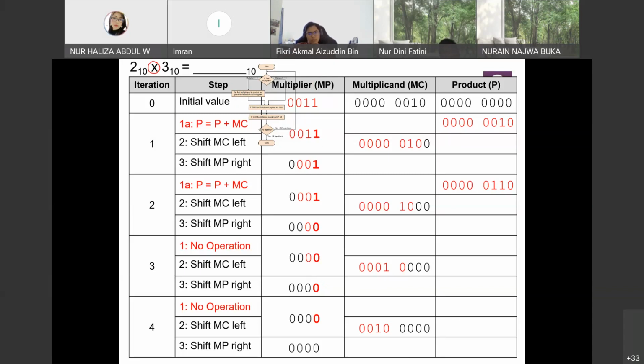But sometimes when you have a negative number, what happens? It's going to be quite complicated because you need to change the negative number first. Then you will find a lot of 1, 1, 1, 1 there. Your addition also will be much more complicated because let's say you have 1, 1, 1, 1, 1, 1, 0. At the end, you're going to get 1A. You add again, so you will have a carry and so on.